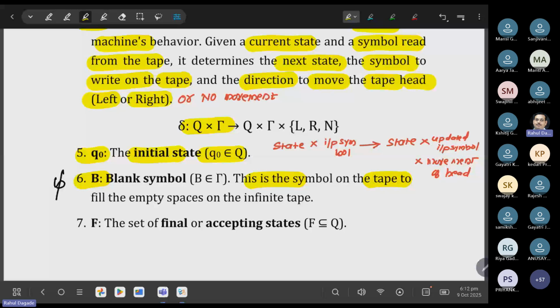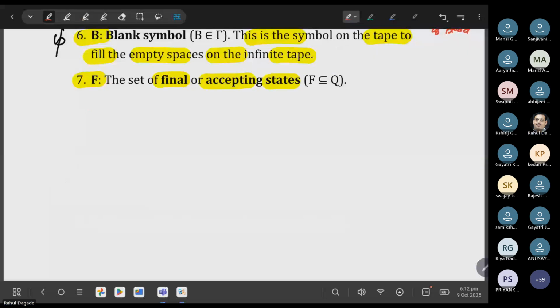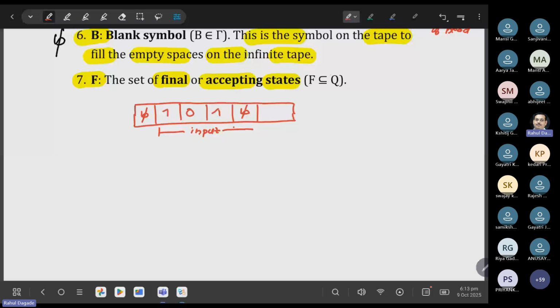Now, how it actually works, let me show you. For example, you have a tape, and let's say our input is 1 0 1, and before this input we have a blank symbol, and after this input we have a blank symbol, indicating that this is the input.